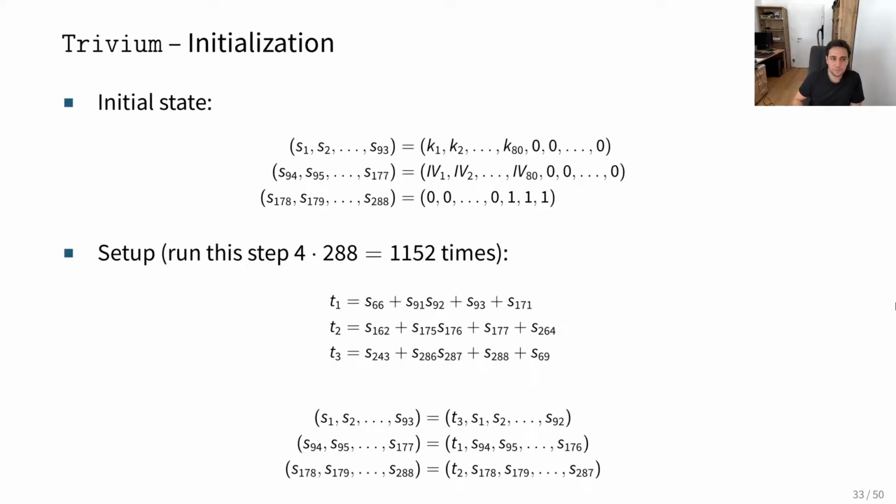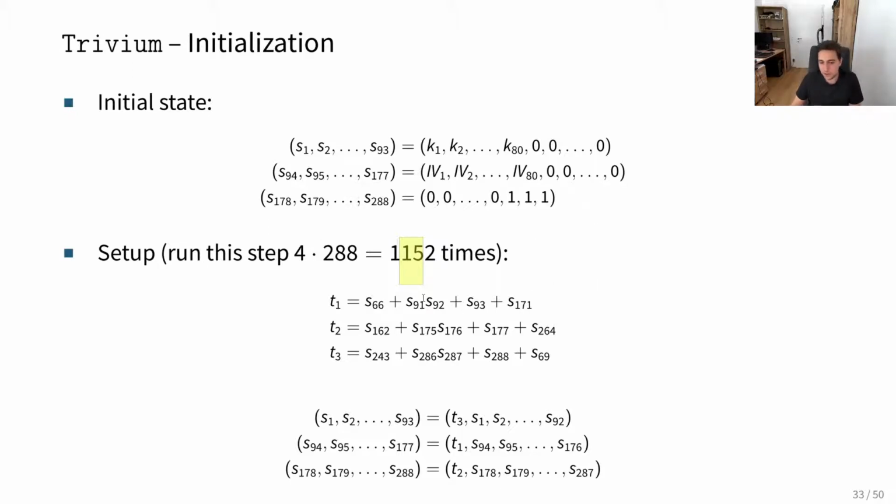Okay, so how does Trivium work? We have an initial state, which essentially consists of these key bits and the IV, so the initialization values, and this very, very long vector of zeros and some ones. And then we have this setup, which essentially does this operation over 1000 times.